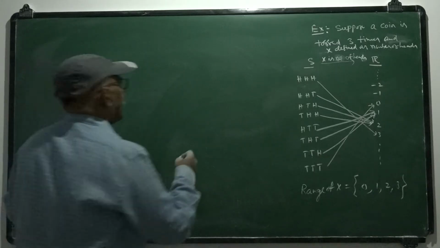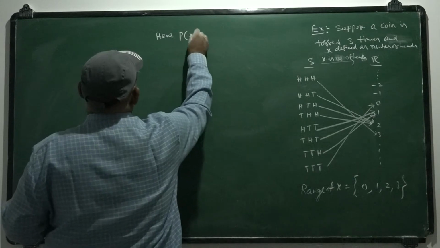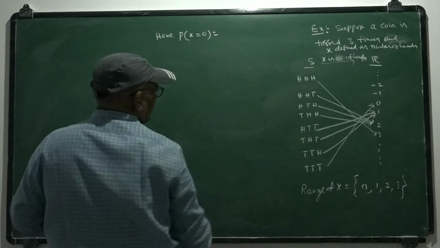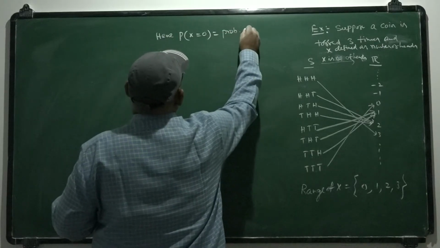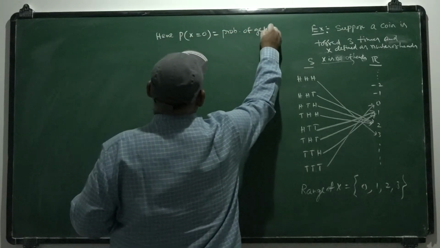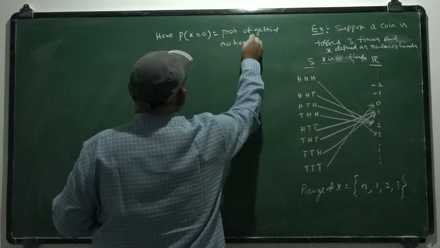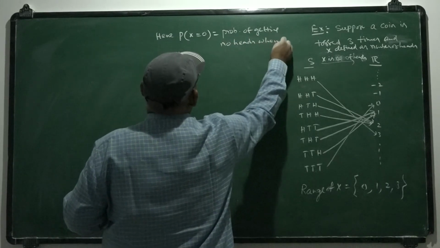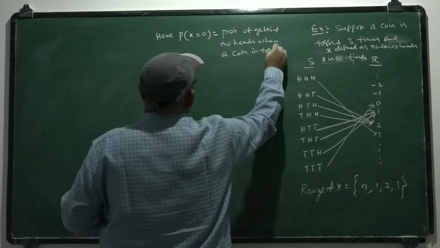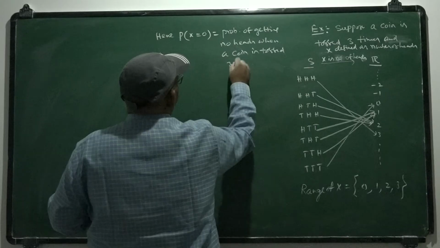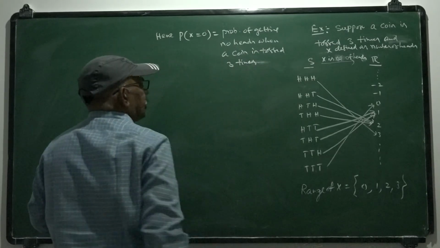So here, the probability for X takes the value 0, that is the probability of getting no heads when a coin is tossed 3 times.